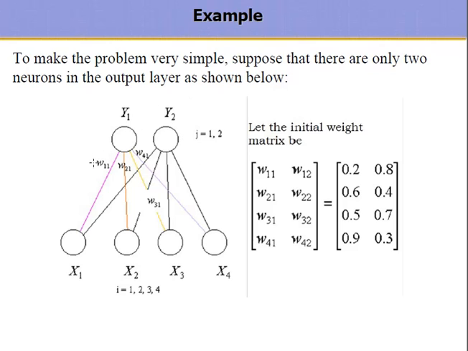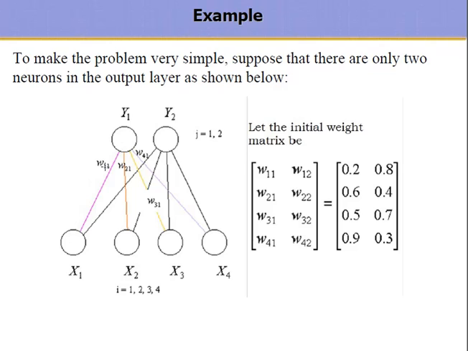You can say that this is our output layer or our grid map, and we have 4 input neurons x1, x2, x3 up till x4 in the input layer. All the neurons present in the input layer are connected to each neuron in the output layer, and all the connections have their corresponding weight vectors, right?